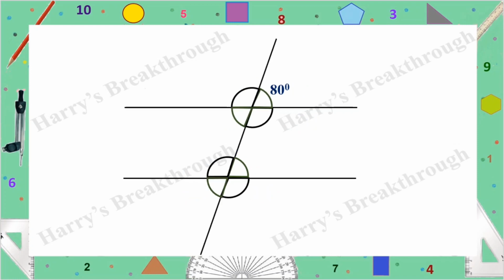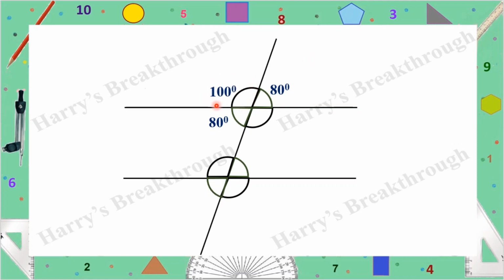Now if one angle is given as 80 degrees, can you find the remaining 7 angles? Here, this angle is the opposite angle, so the measure is 80 degrees. Now, by using the principle of linear pair, 180 minus 80 degrees is equal to 100 degrees.